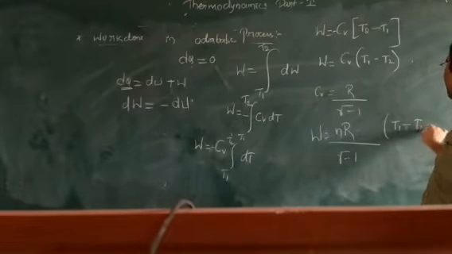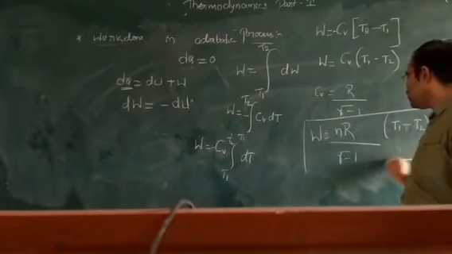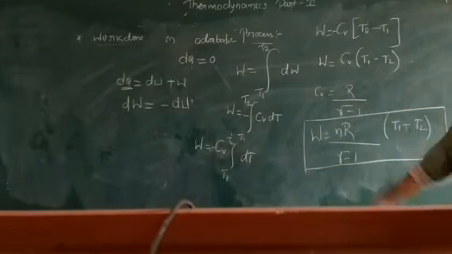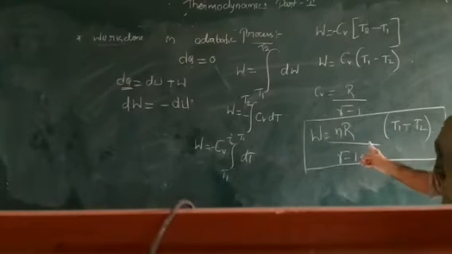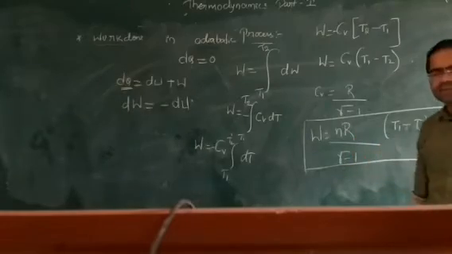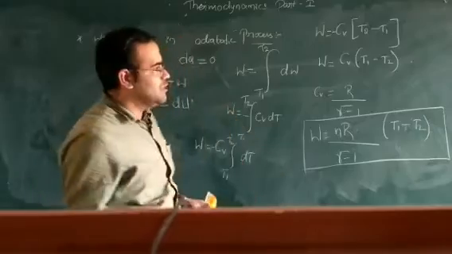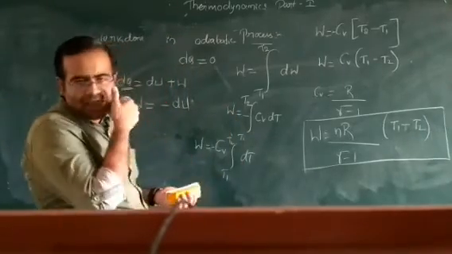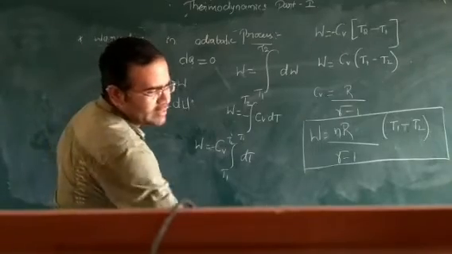This is the equation for the amount of work done in an adiabatic process. You have to remember this equation also. Very important equations: work done by isothermal process and work done by adiabatic process, these two important equations for these two processes.